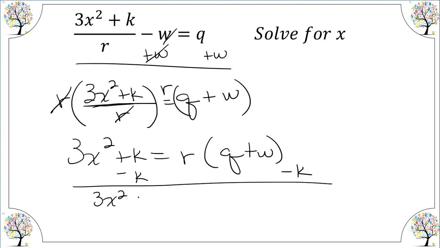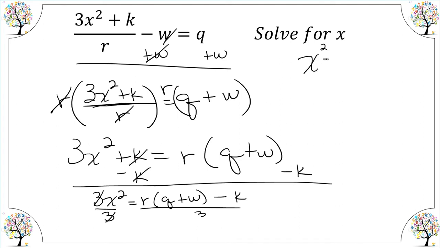We have 3x squared equals r times q plus w minus k, and now we're going to undo the multiplication, divide by 3. So we have x squared is equal to r times q plus w minus k, all divided by 3.